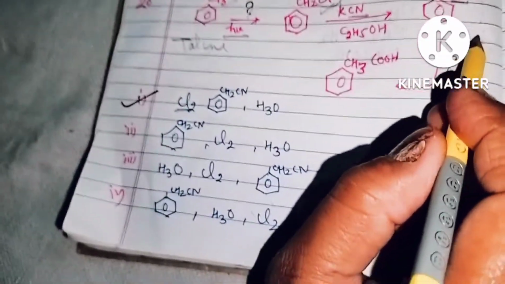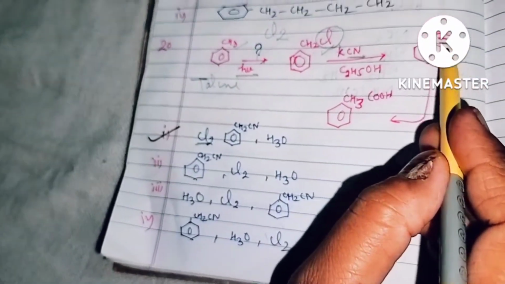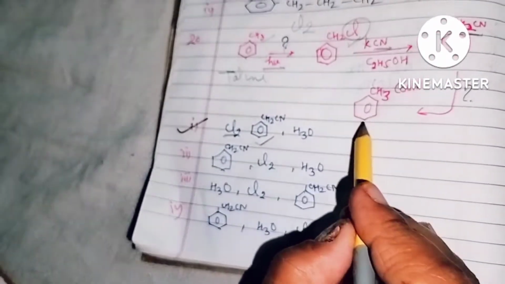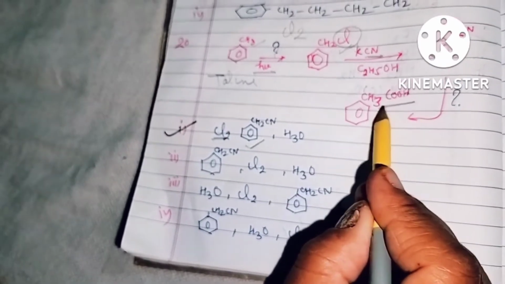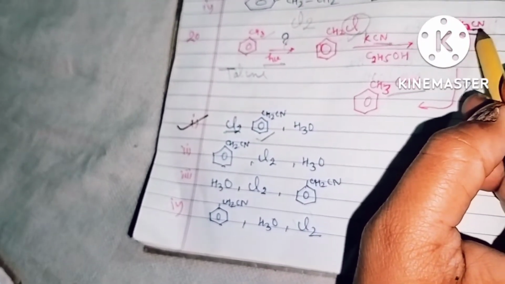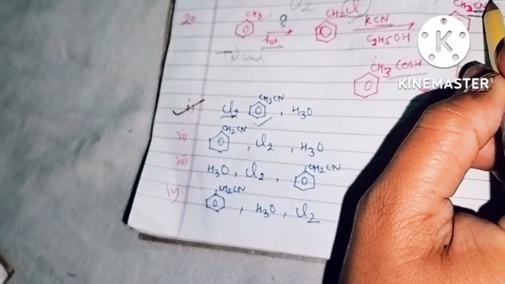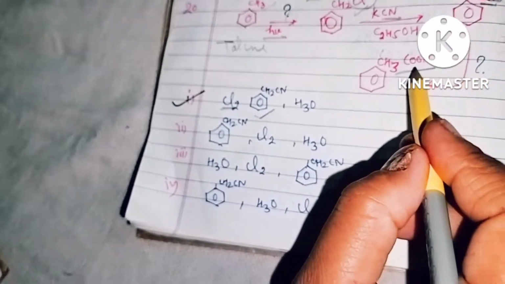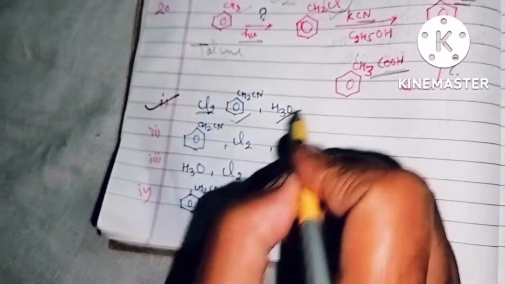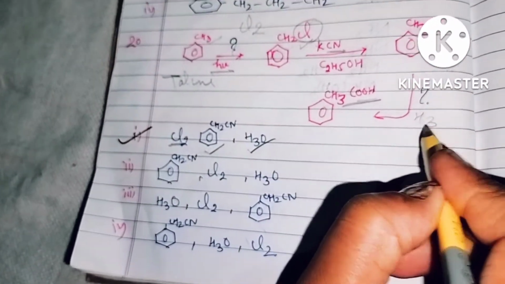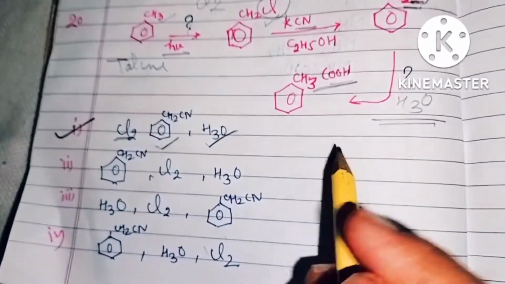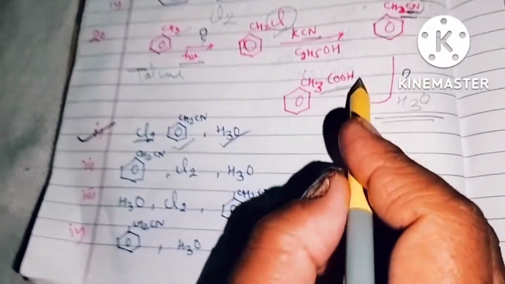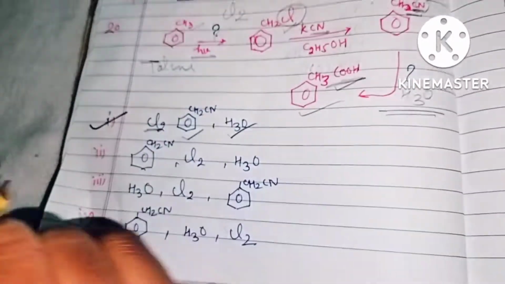Next is the formation of the CH2COOH group. In the CN group, the nitrogen is replaced and the carbon converts into a carboxylic group. In the hydrolysis process, the CN group converts into a COOH group and this compound is formed.